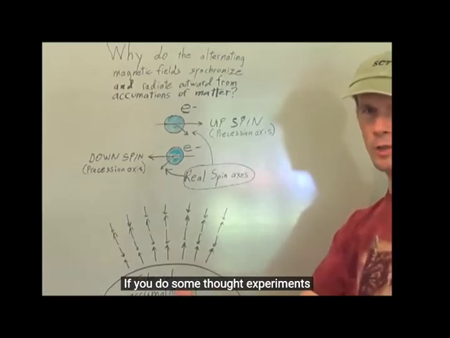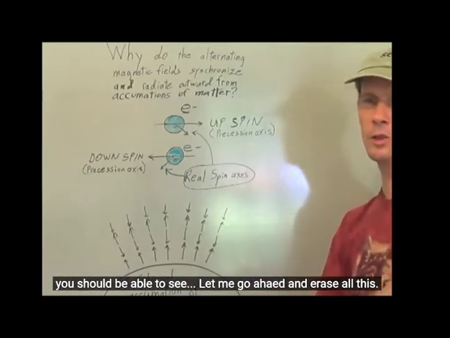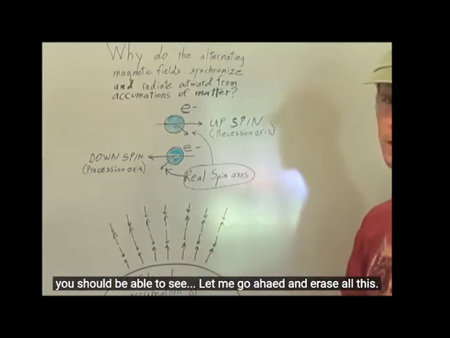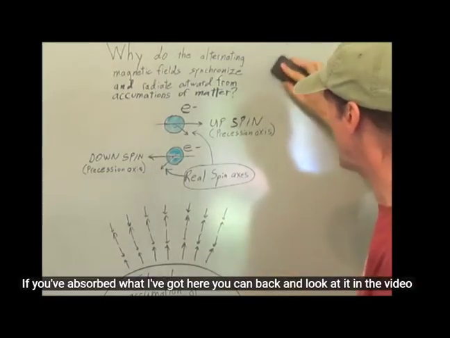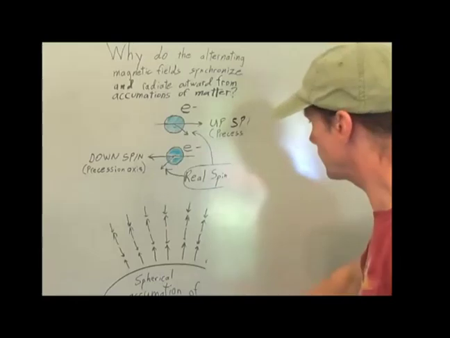If you do some thought experiments, you should be able to see this. Let me go ahead and erase all of this. If you've absorbed what I got here, you can come back and look at it in the video.